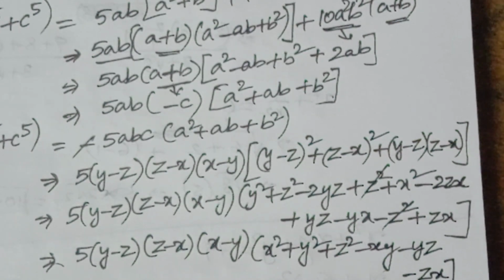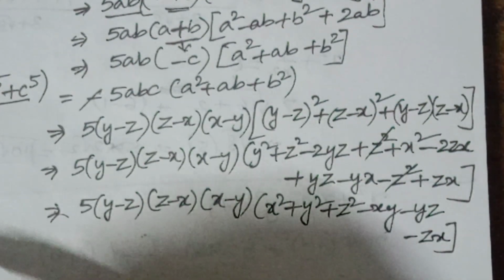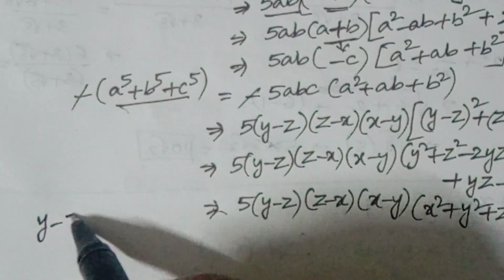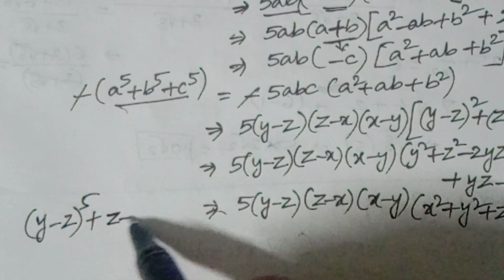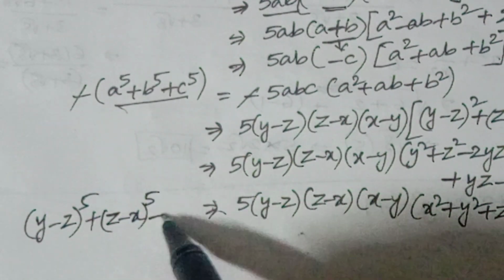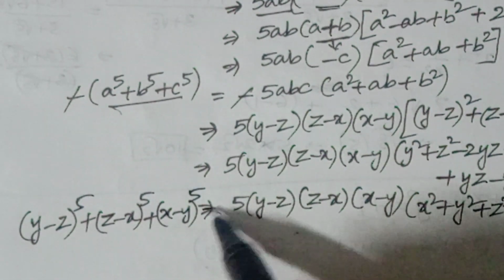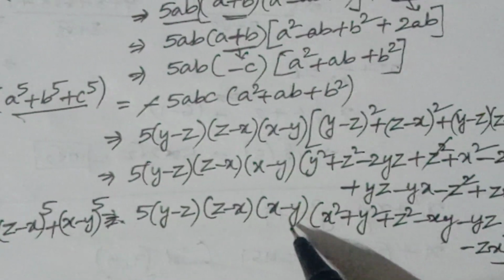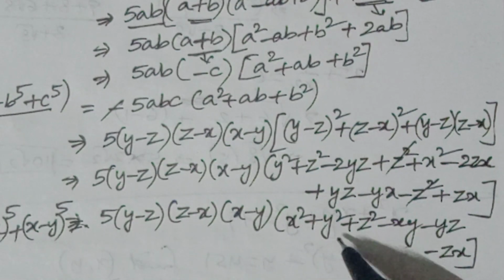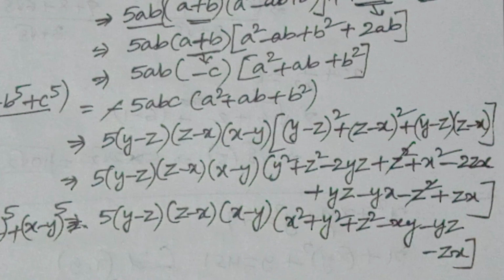These are the factors of the given expression. So (y minus z) whole power 5 plus (z minus x) whole power 5 plus (x minus y) whole power 5 is equal to 5(y minus z)(z minus x)(x minus y)(x square plus y square plus z square minus xy minus yz minus zx).